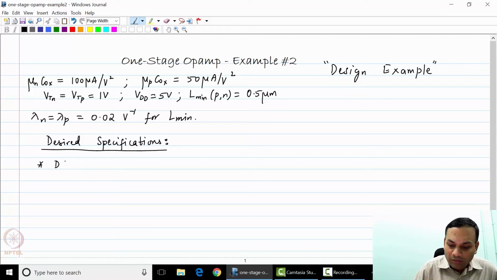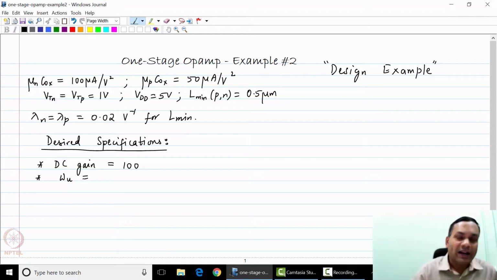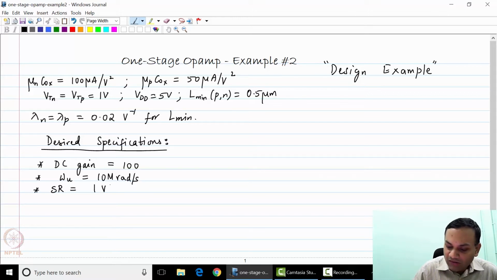Let us say that you need a DC gain of at least 100, and the unity gain frequency omega u should be equal to 10 megaradians per second. The slew rate of the op-amp should be 1 volt per microsecond.